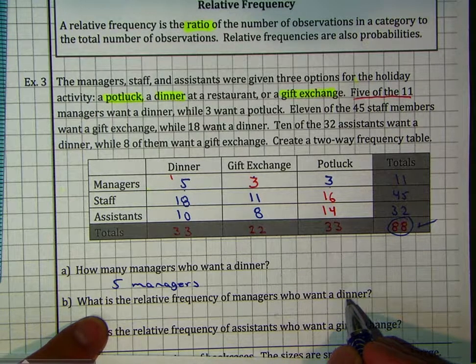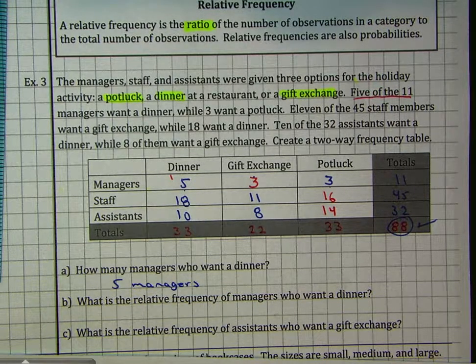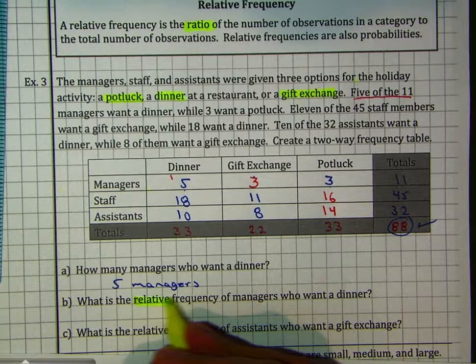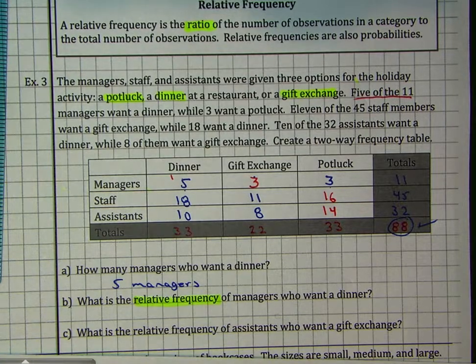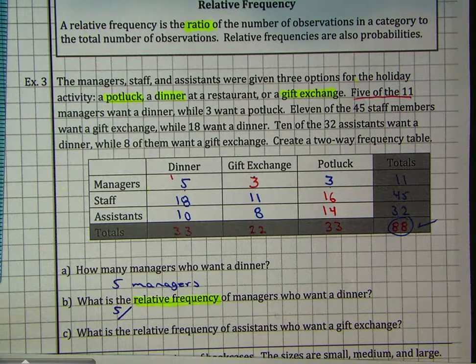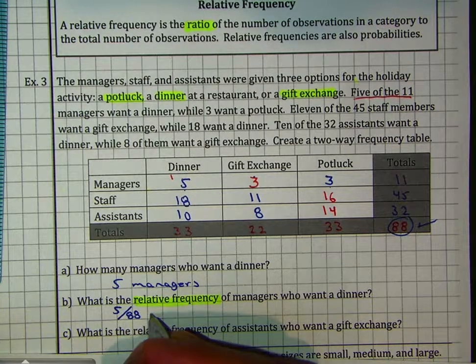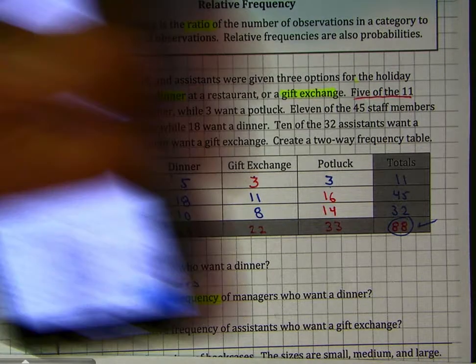Now, the managers that want a dinner is 5, but the relative frequency, remember that is the ratio, and we need to express it as a decimal and then as a percentage. So it'll be 5 over the total, which is 88. I'm going to change that to a decimal.